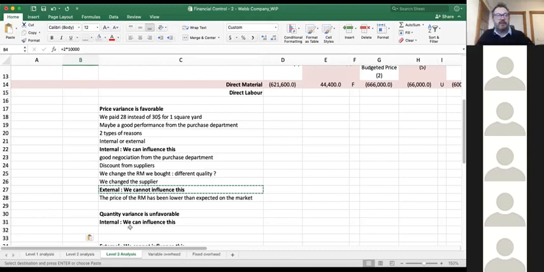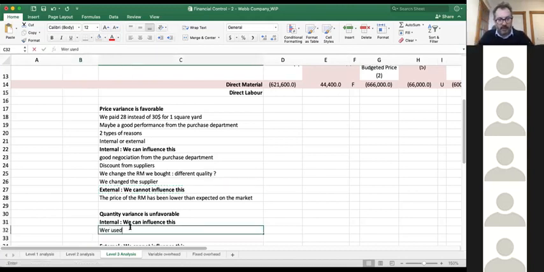So we used 22,200 instead of 20 square yard. So theoretically, it is a bad performance from the production department.